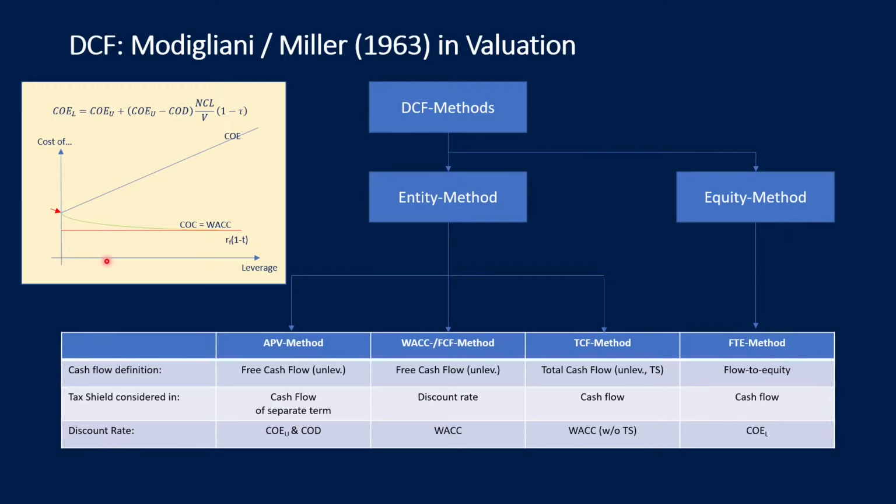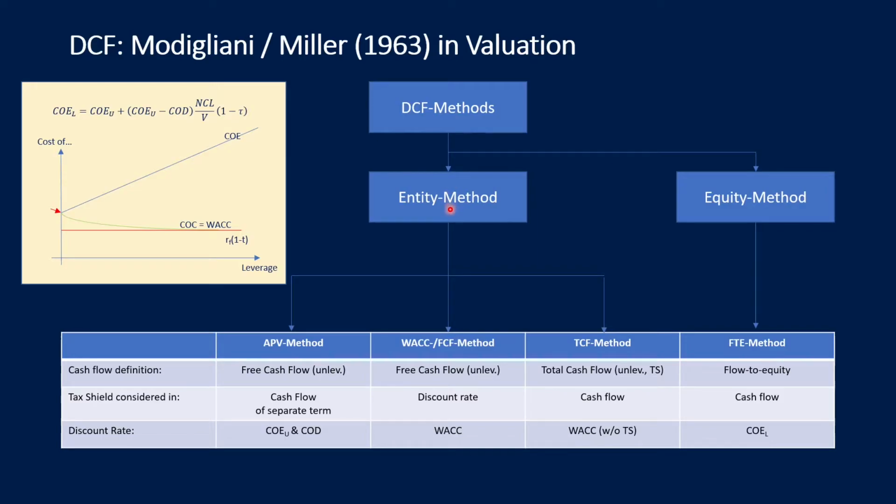So with the leverage, the cost of capital, the WACC, decreases while the cost of equity increases due to the leverage. So, based on this assumption, and in another video we will see why we need this formula, the DCF methods are based on these assumptions.